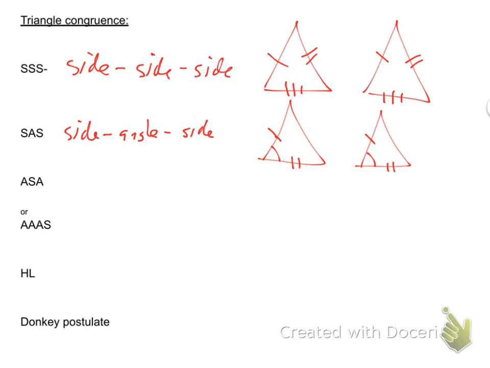Essentially, the angle is between two sides that are in the same places. Do you guys see that? So it's two sides with the included angle. The angle is in the middle of the sides that are congruent. That is side, angle, side. Congruent.